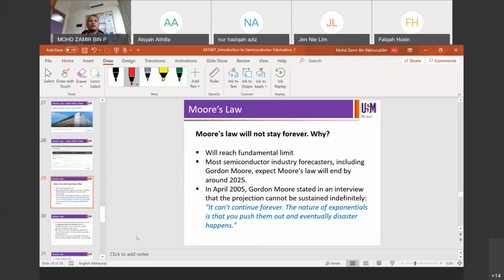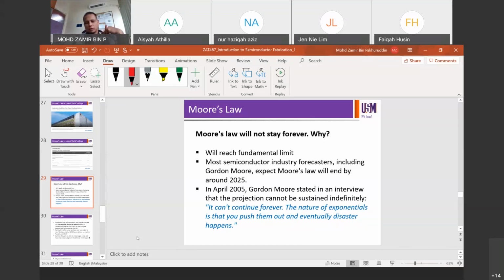So now we have 5 nanometer, and the fundamental limit will be 0.2 nanometer, meaning the silicon atom is 0.2 nanometer in diameter. If you want to go beyond 0.2, that means you have to cut the silicon atom, right? That's another mechanism already. So we are now at 5 nanometer, and the limit is 0.2 nanometer.